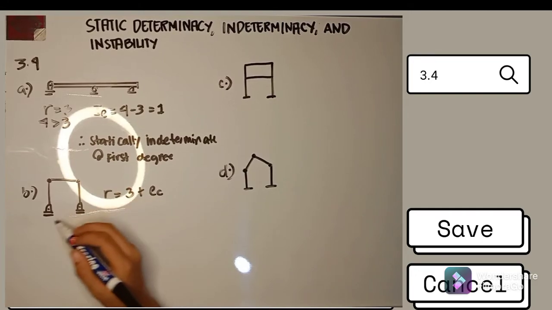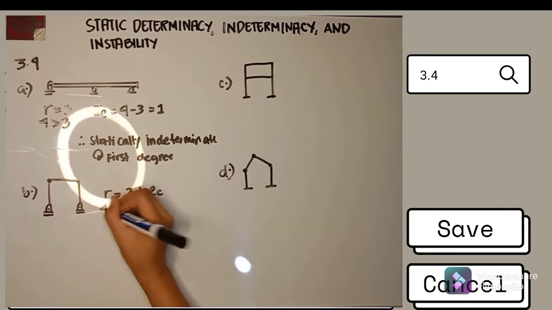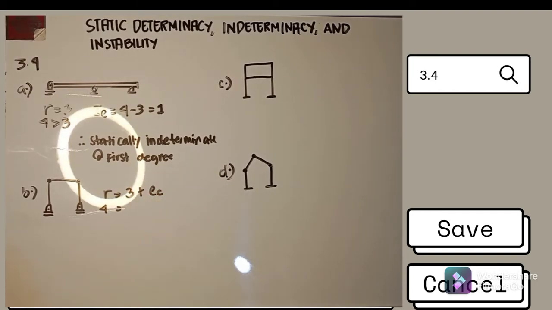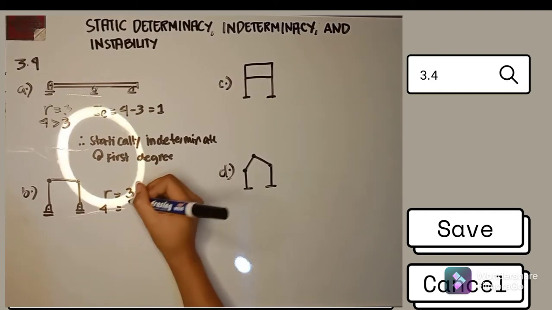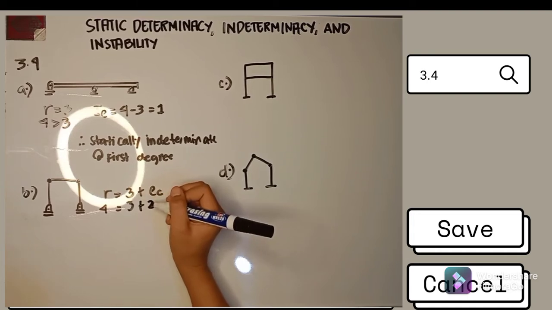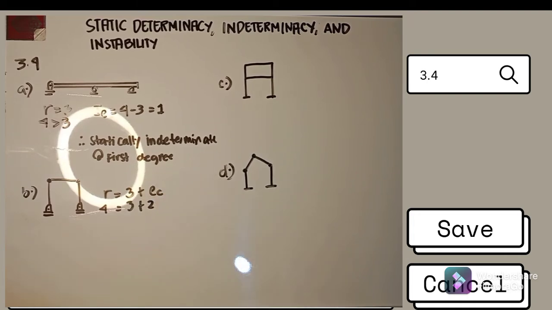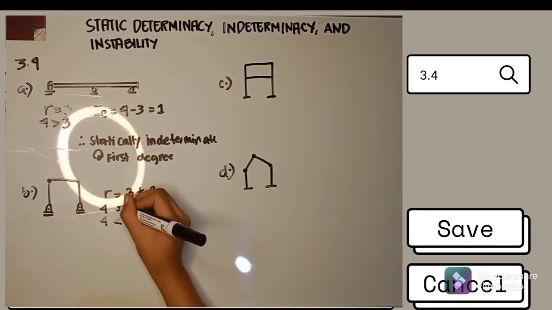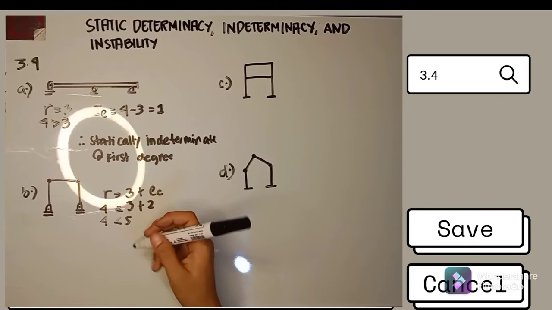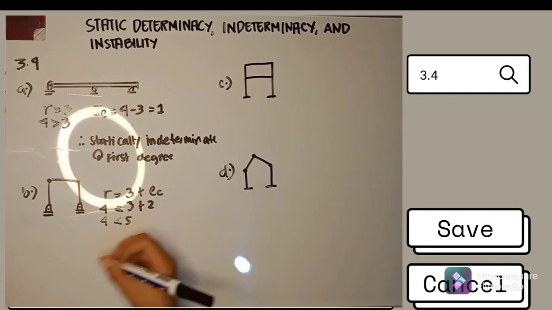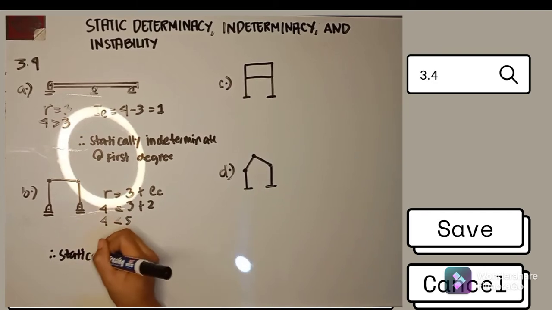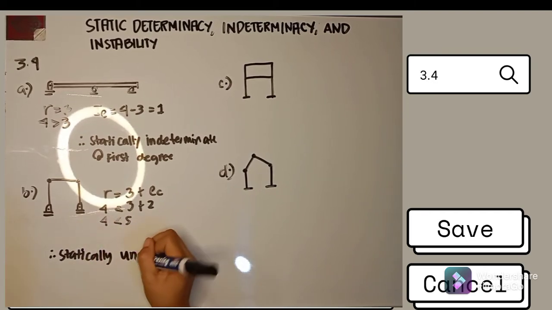The number of our external reaction is 4. 4 is equals to 3 plus 2. 4 is less than 5. Therefore, this frame is statically unstable.